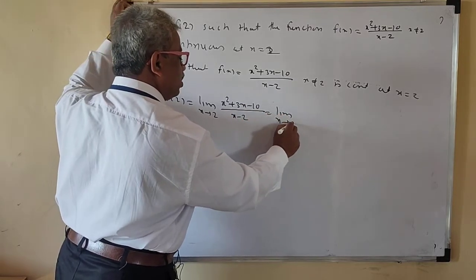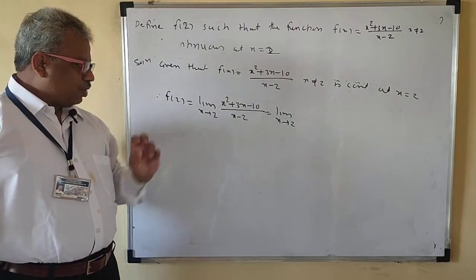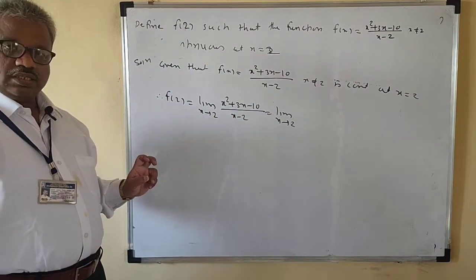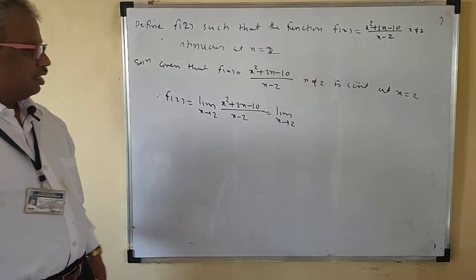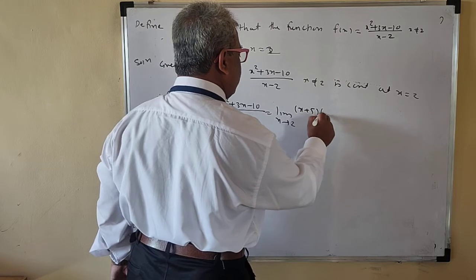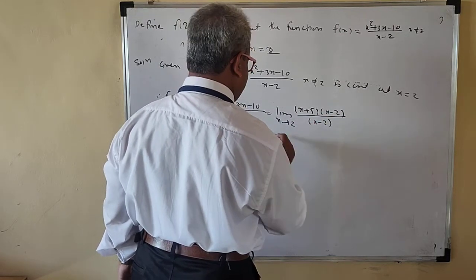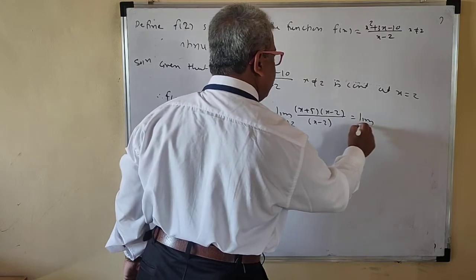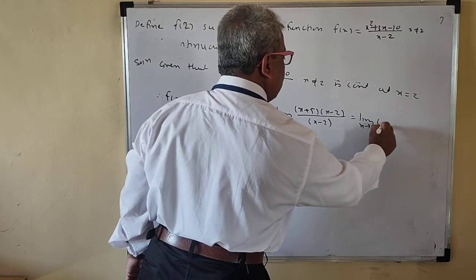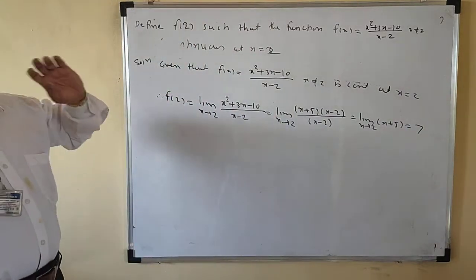The numerator gives 4 plus 6, that is 10, 10 minus 10 is 0, which means you have to factorize this. So this is (x plus 5)(x minus 2), note that x minus 2 is the factor. So this is equal to limit x tends to 2 of x plus 5, so this is 7. So your f of 2 will be 7.